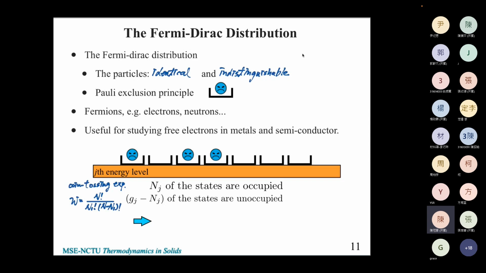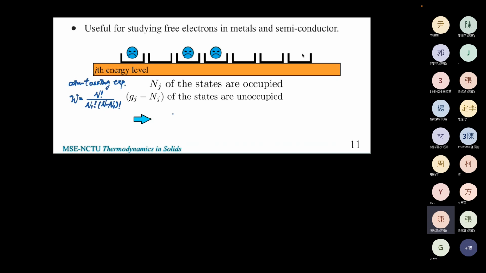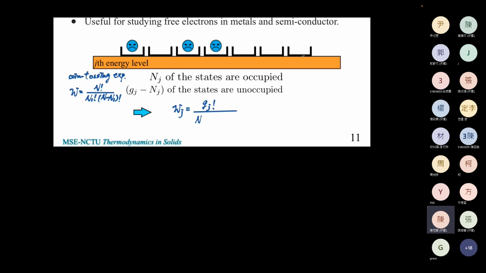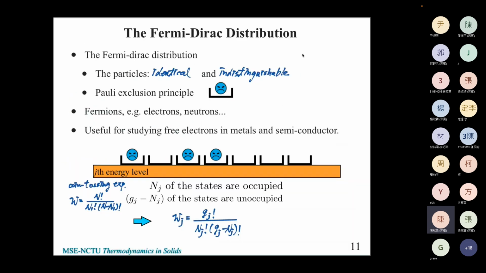So it looks like Wj equals Gj factorial over Nj factorial times Gj minus Nj factorial. Okay, so that's the Fermi-Dirac distribution for one energy level.